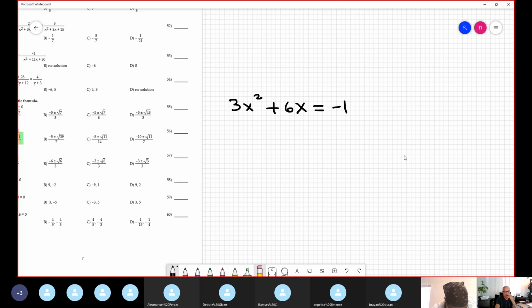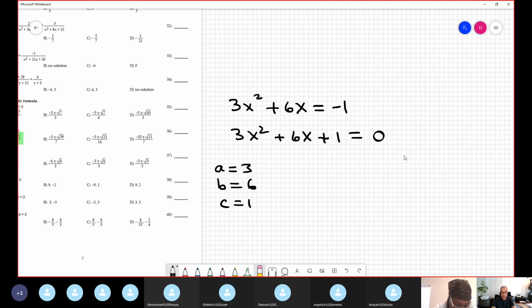Your identification: this is a quadratic equation, pero no es already present estándar, ¿no? Entonces es present estándar, es 3x squared plus 6x plus 1 equal to 0. And your identification, A is 3, B is 6, and C is 1.